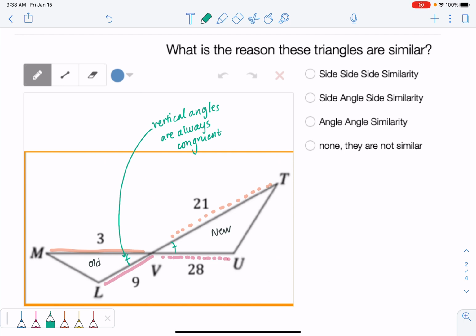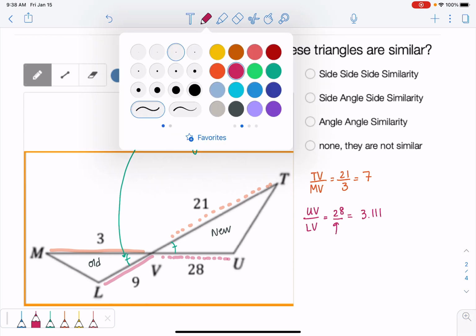But before we say this is side angle side, we need to check. So let's check. Does TV over MV, that equals 21 over 3, which equals 7. Let's check the pink sides. UV over LV equals 28 over 9. And 28 divided by 9, if we use our calculator, equals 3.11111 forever.